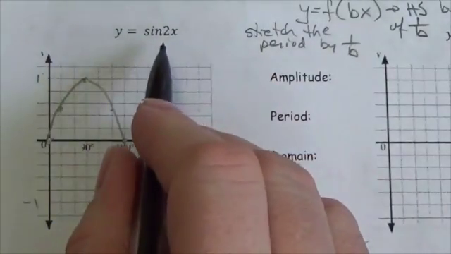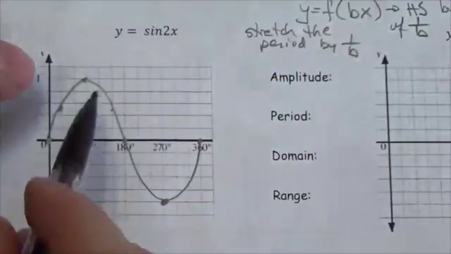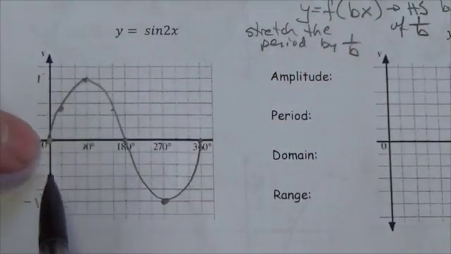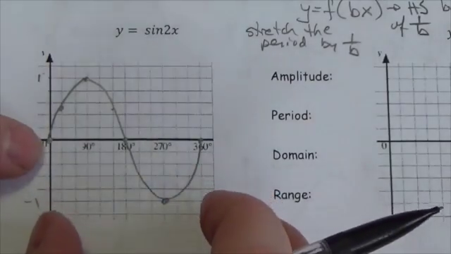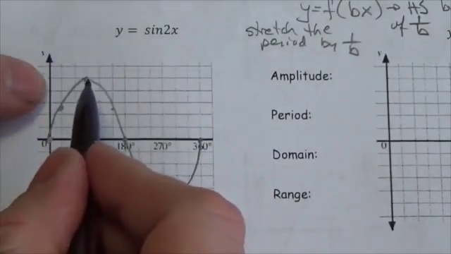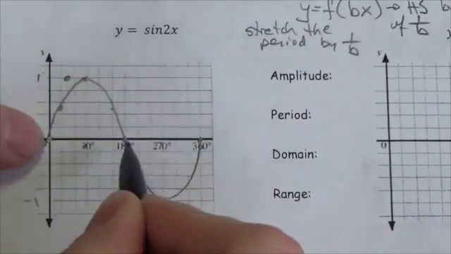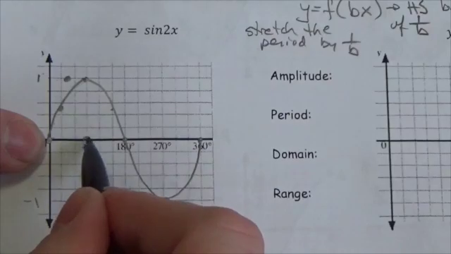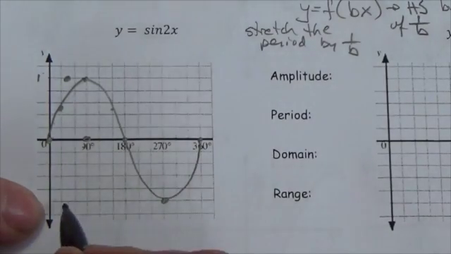Now, sine of 2x means that there's been a horizontal stretch by a factor of a half. So that means all of these points here, the distance away from the y-axis, is going to be cut by a half. So now this point right here is going to go to here. The point at 180 is going to drop down to 90. The point at 270, I've got to count this out here.